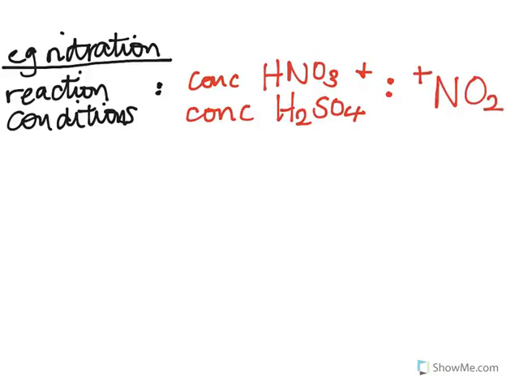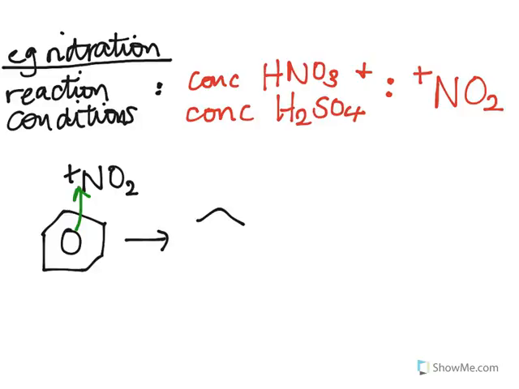So we can draw the mechanism for this reaction, where we have our benzene ring with the delocalized structure, our electrophile NO2+, and the electrons from the ring come out to bond with the NO2, giving us an intermediate structure with the NO2 attached, as well as the hydrogen, and we have only partial delocalization in the ring.